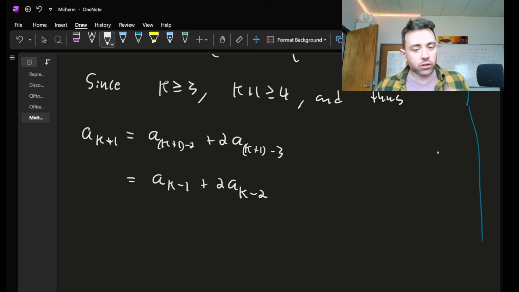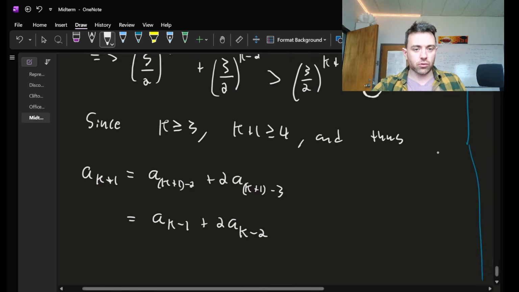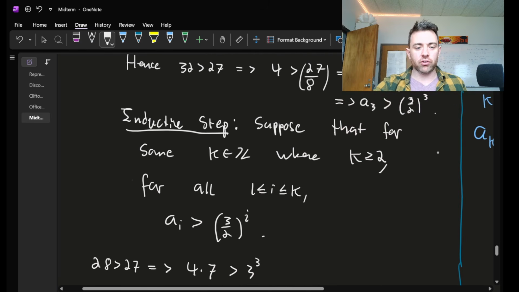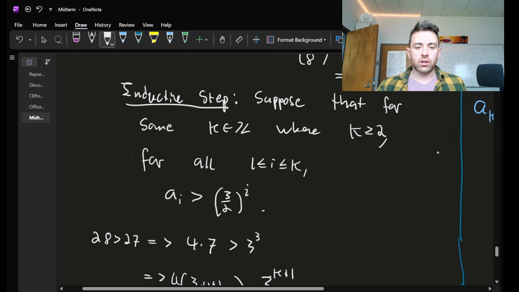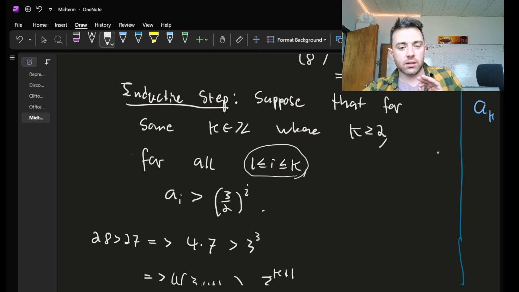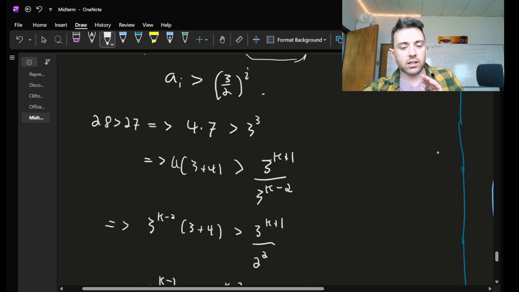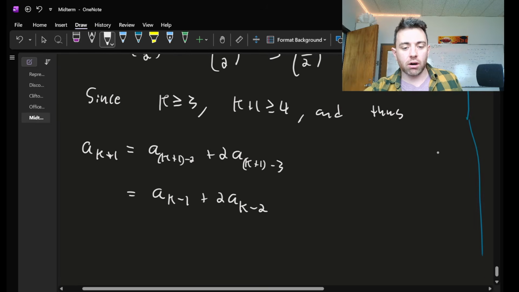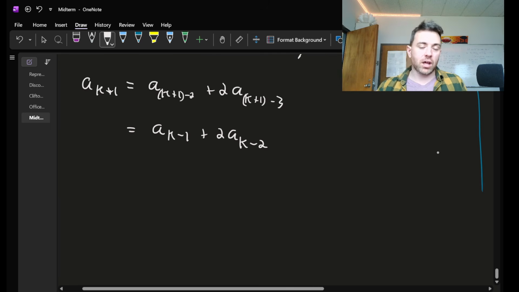And now we want to use the induction hypothesis on k minus 1 and k minus 2, right? And so the induction hypothesis says that we're allowed to use this fact for all i between 1 and k. So we just need to verify that k minus 1 and k minus 2 are in fact between there, right? And that was the whole point of us taking k to be at least 3.